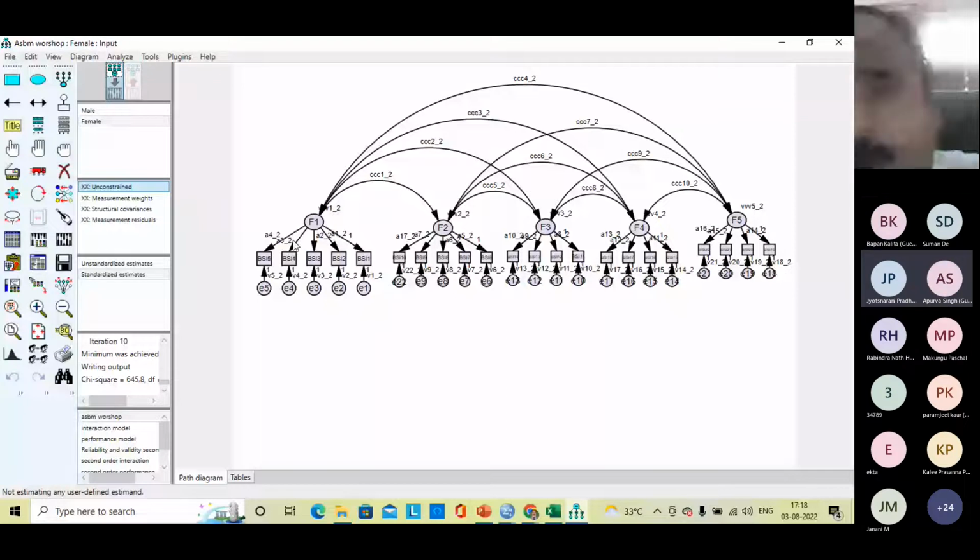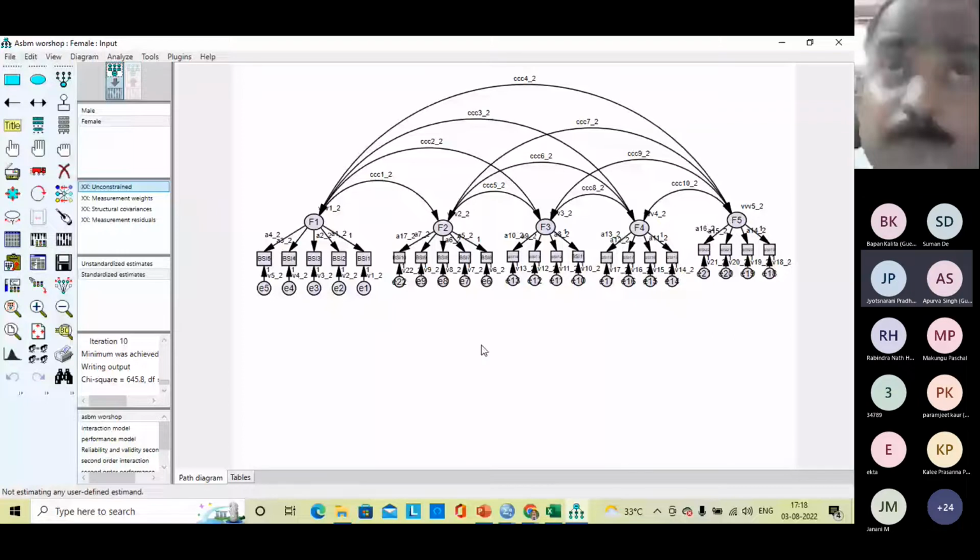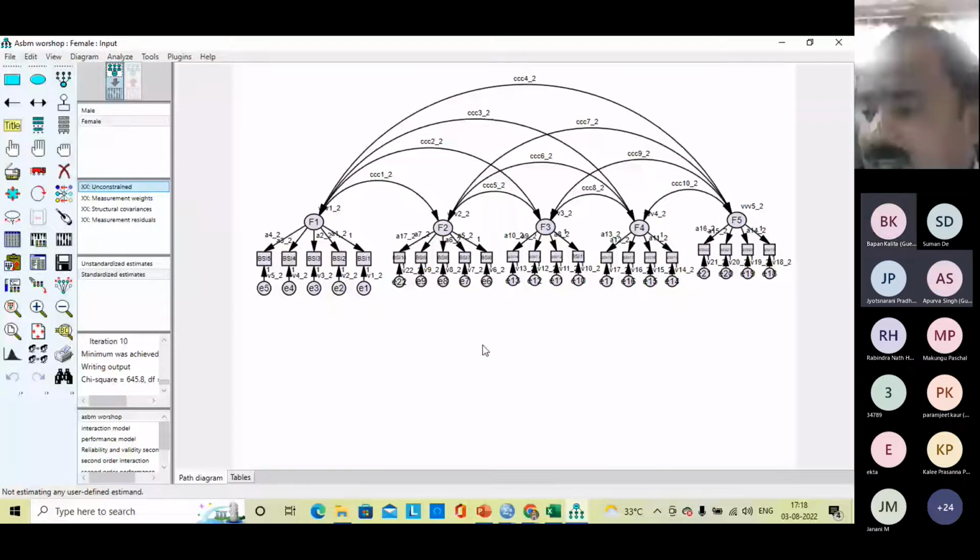From this step onwards, whatever I am going to do is what is called metric invariance. Prior to this step, whatever I have done is what is called configural invariance. Likewise, so many other constraints are there.